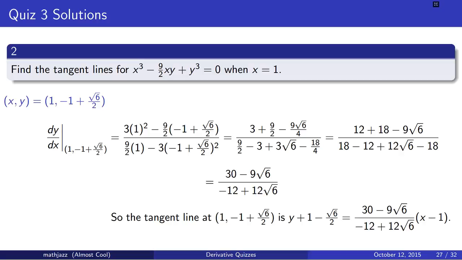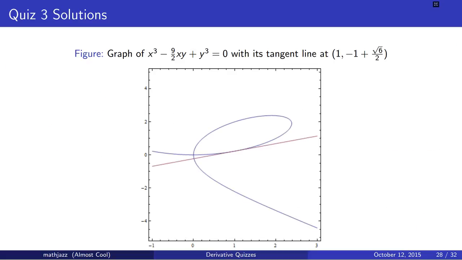We get y plus 1 minus square root of 6 over 2 equals our slope times x minus 1. And here's the graph of the equation of that line and of our original graph. It also lines up very nicely with the graph.